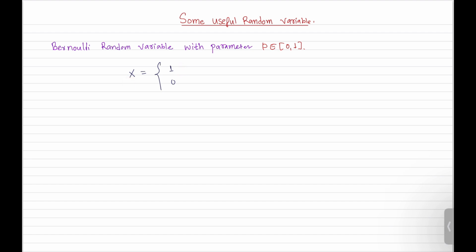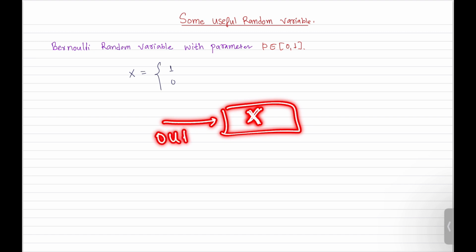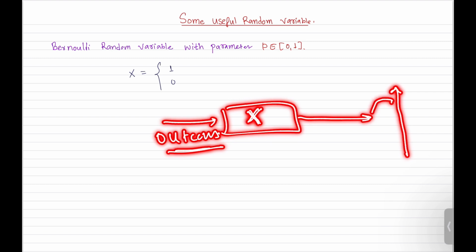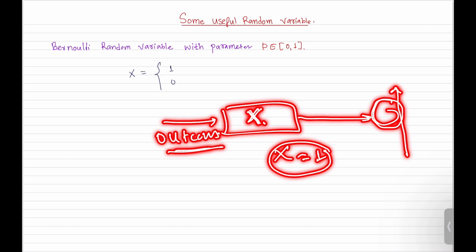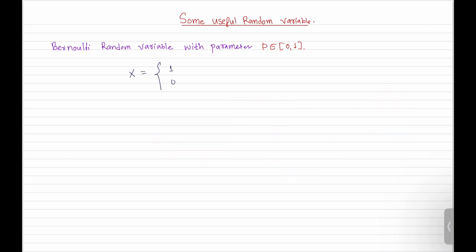that means I am talking about the output of a random variable, because if this is a random variable, or you can say this is a function that takes the input outcome and maps it to some real number, right? Then if I am saying that x will take the value 1, that means I am talking about the output of the random variable, right?